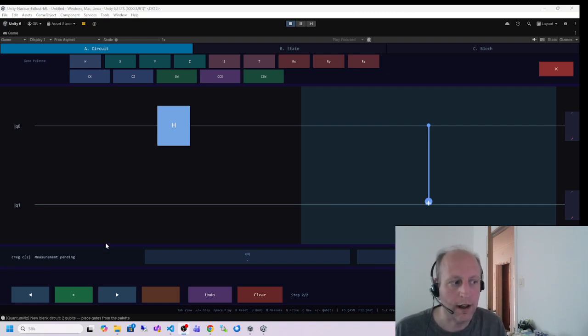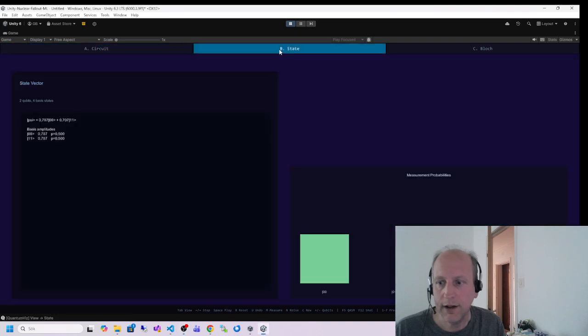This is called the Bell state, and as we have 2 qubits, they are entangled, so we have 4 states: 00, 01, 10, 11.